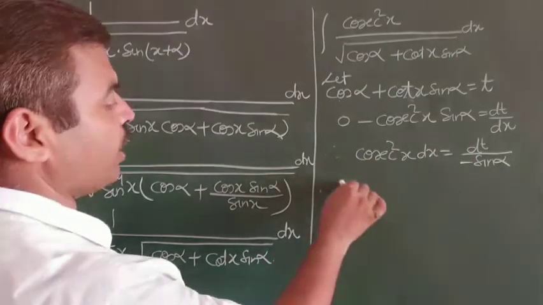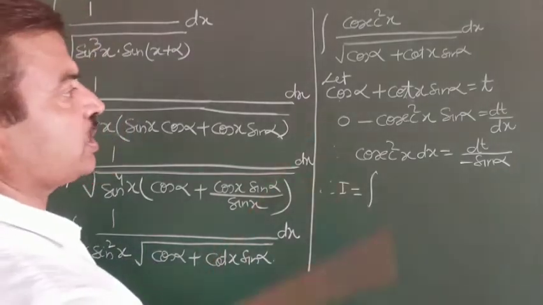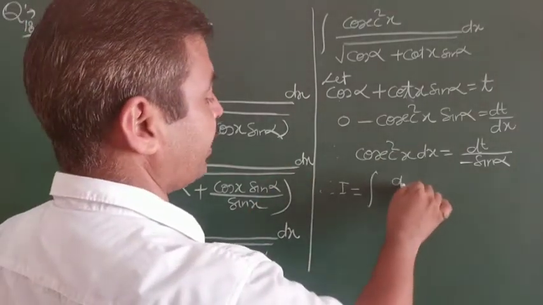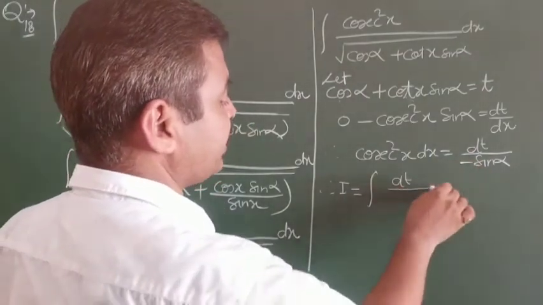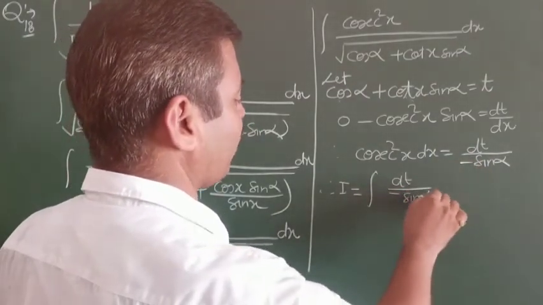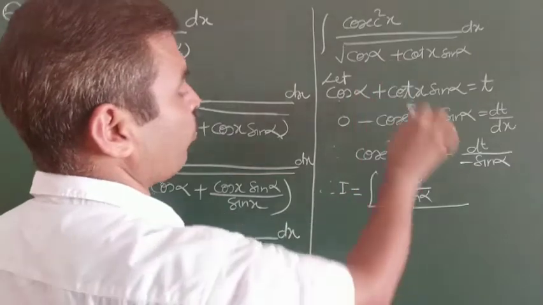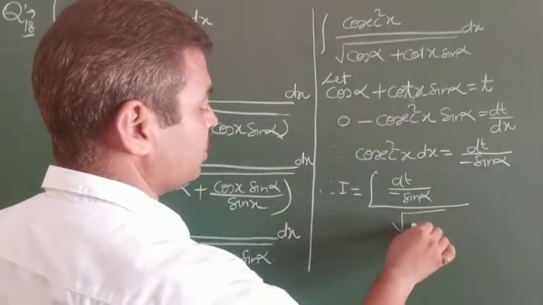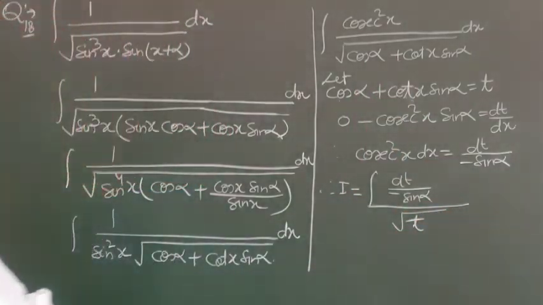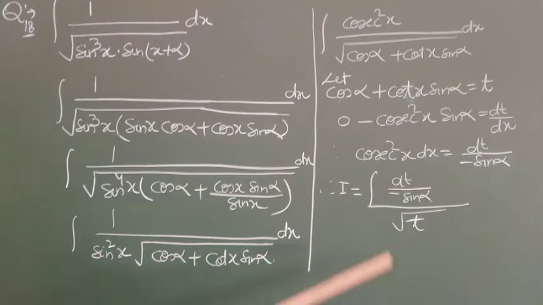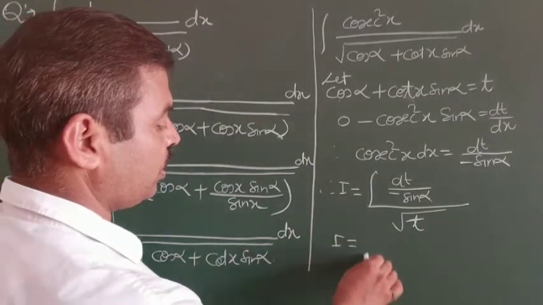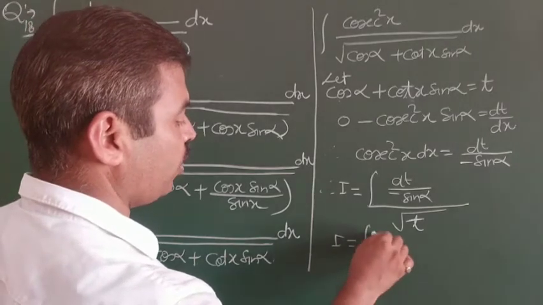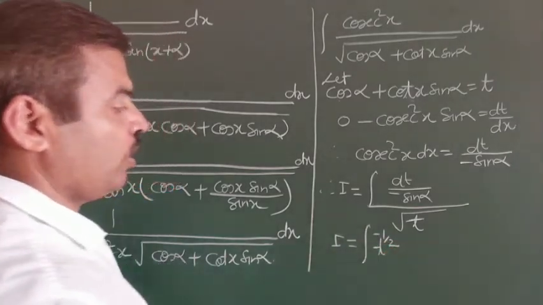So therefore I equals its integration. In place of cosec square x dx we can write dt upon minus sin alpha, and here in the denominator it will be root t. So now students, root t will go up and it will become integration of t to the power minus 1 by 2.